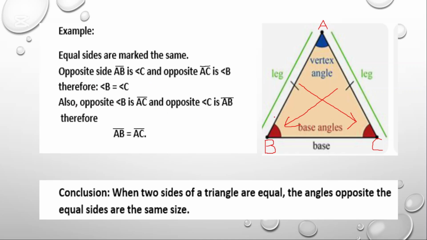Also opposite angle B is AC and opposite C is AB, and we say AB is equal to AC, and the two angles are also equal. So the conclusion: when two sides of a triangle are equal, the angles opposite the equal sides are the same.